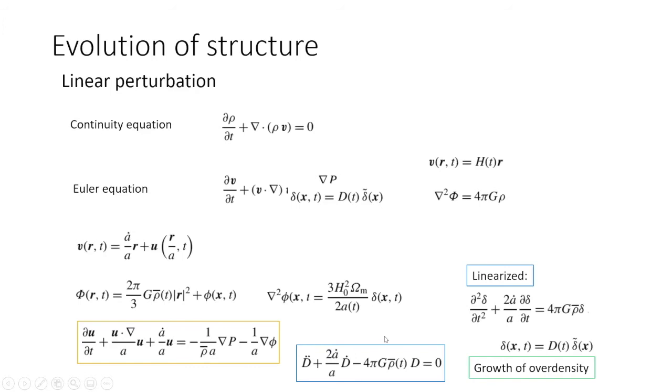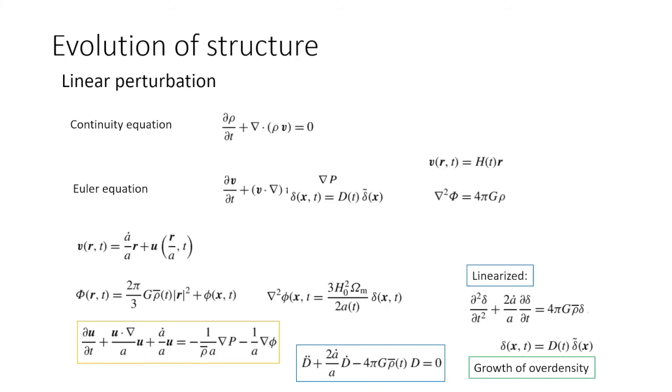And if you do the same for the density, density and velocity are the two items that we allow to change from time to time. So the density fluctuation changes as described by this equation after you linearize.